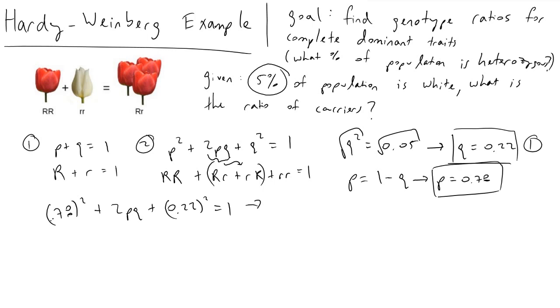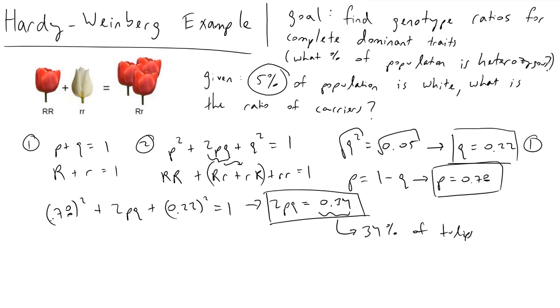Solving for 2pq, we find that it must be equal to 0.34. This figure tells us that 34% of the tulips are carriers.